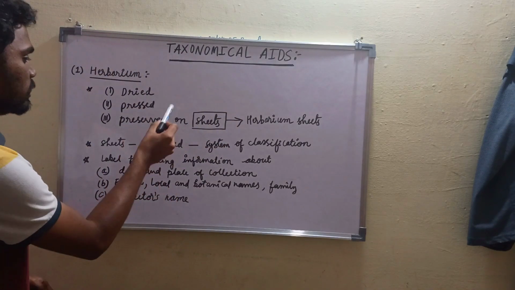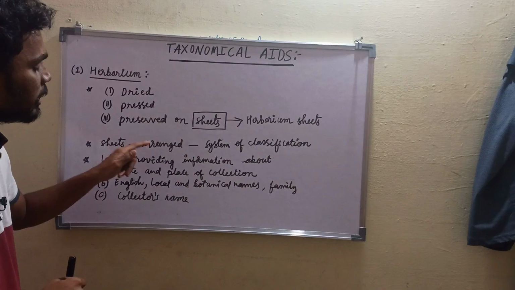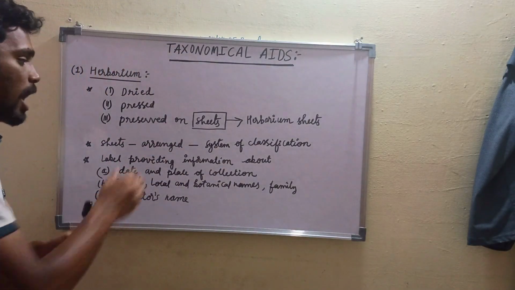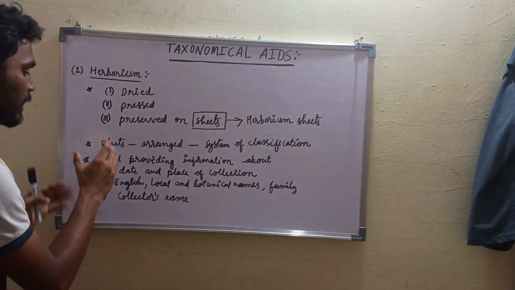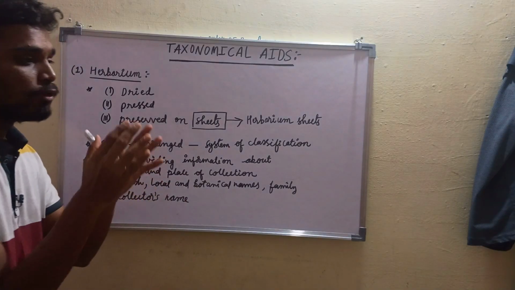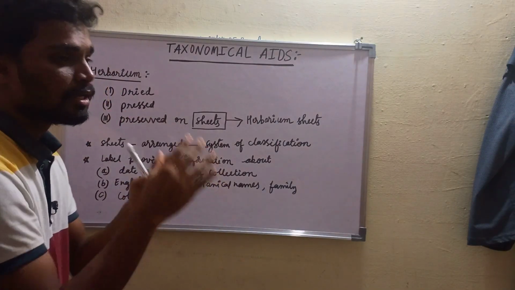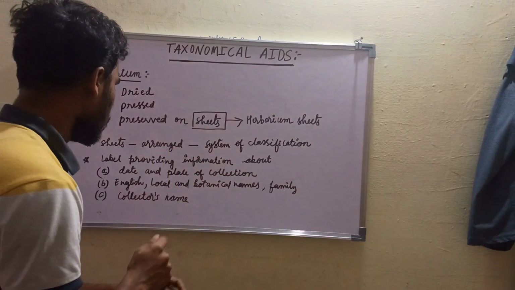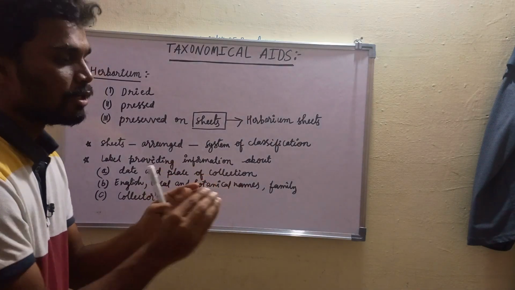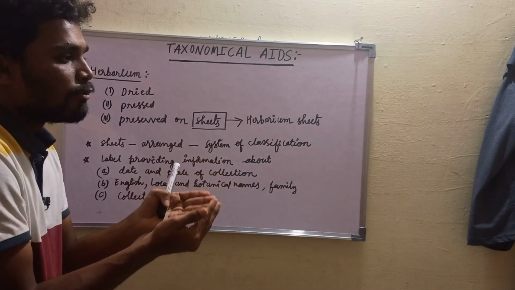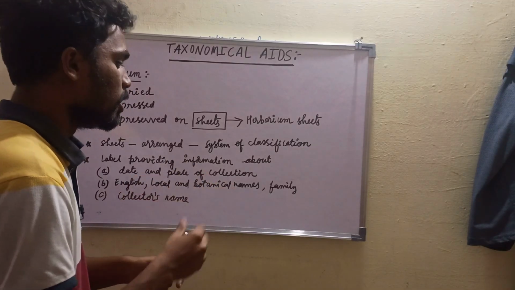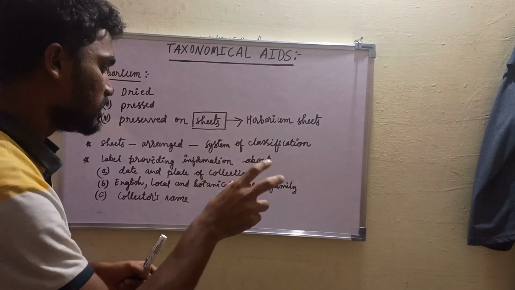After this procedure, the sheets are arranged into a universally accepted system of classification, and each sheet also contains a label providing information about the date and place of collection, that is, on what date and in which place this particular specimen was collected. Then the English, local and botanical names are written on it, so that we can easily identify it by local names, in general English, and in scientific terms, along with that species' family.